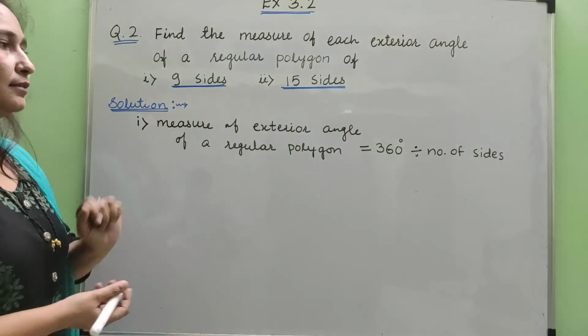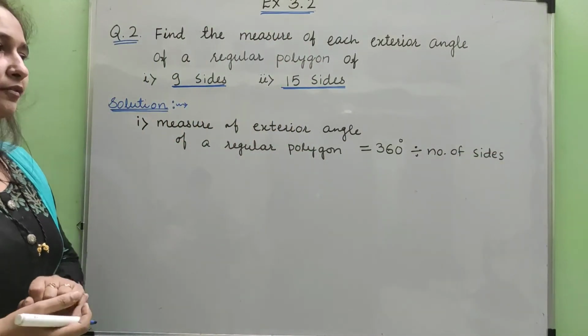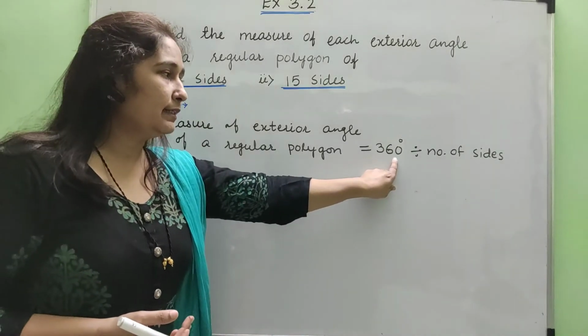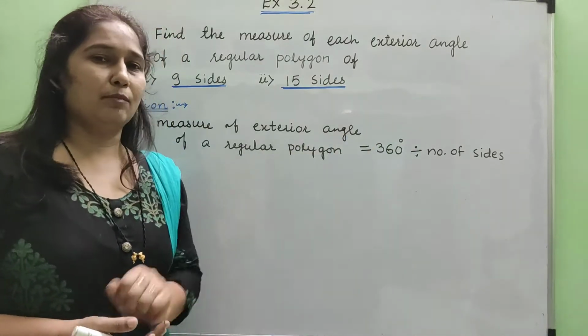To find the exterior angle, we are dividing 360 degrees by its number of sides.